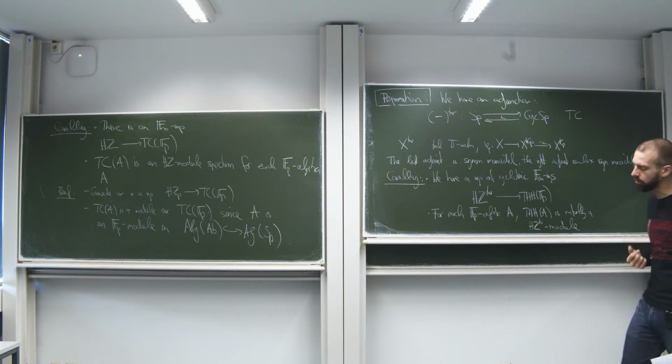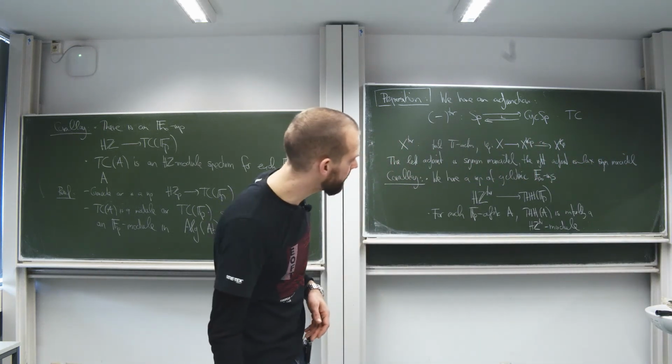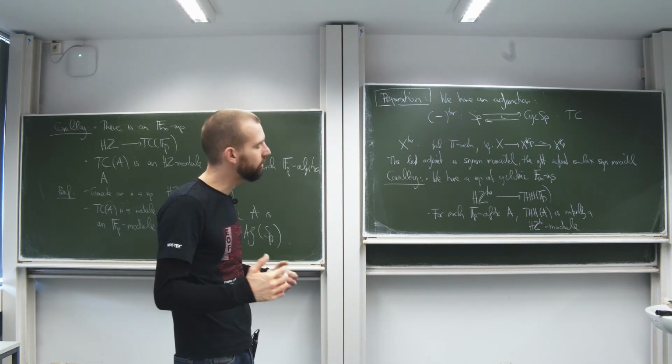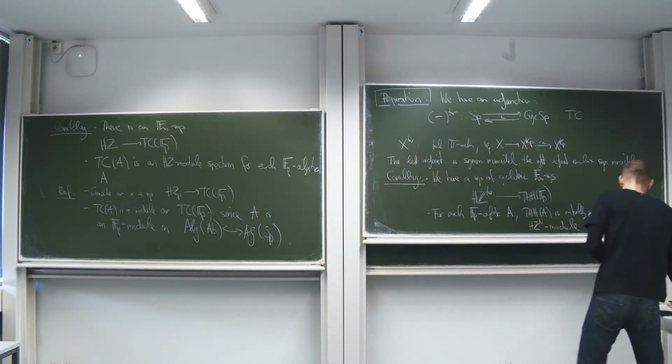And if A is commutative, then it's even an HC TRIF algebra. Okay, so that is an abstract consequence of our computation of TC of F_p.